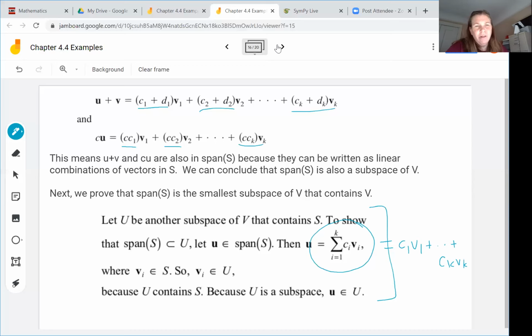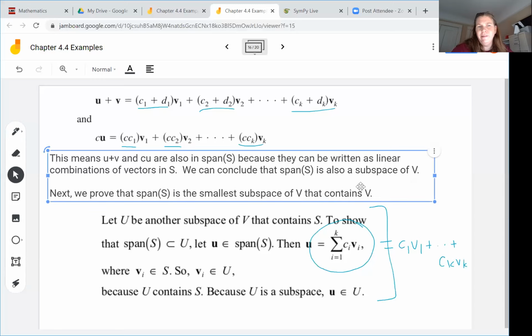So that shows that span S is the smallest subspace of V that contains S. I think I needed to say S here, not V. Yeah, there should be an S here, not V. I made a typo.